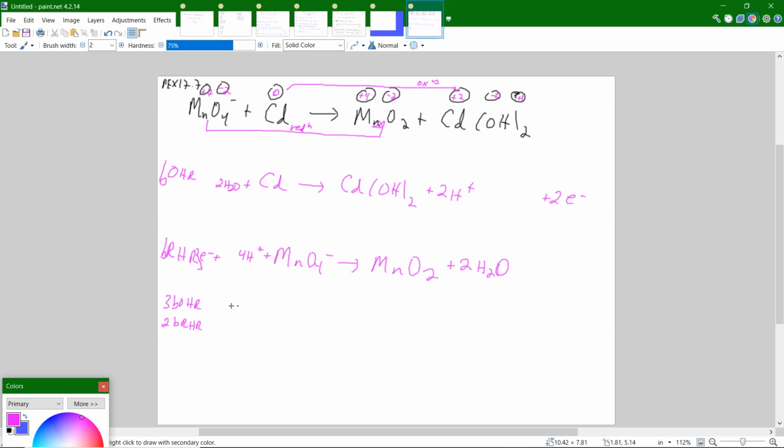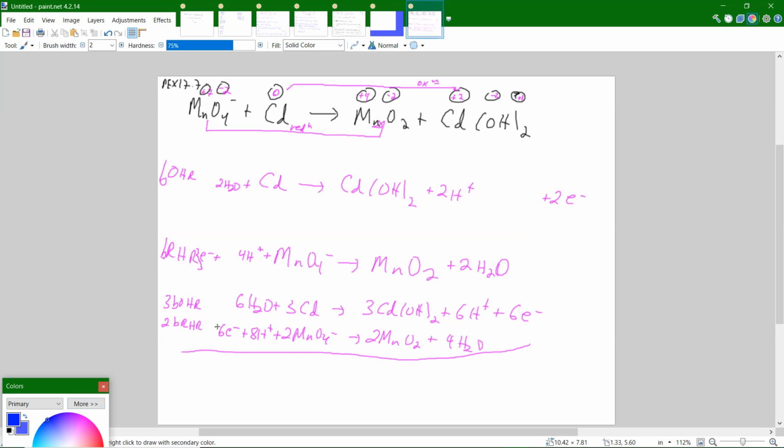So 3 times the oxidation, that's 6H2O plus 3Cd goes to 3Cd(OH)2 plus 6H plus 6 electrons. And 2 times the reduction, 6 electrons plus 8H plus 2 MnO4 minus goes to 2 MnO2 plus 4 H2O.